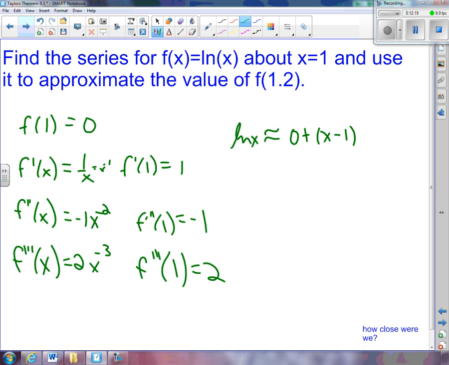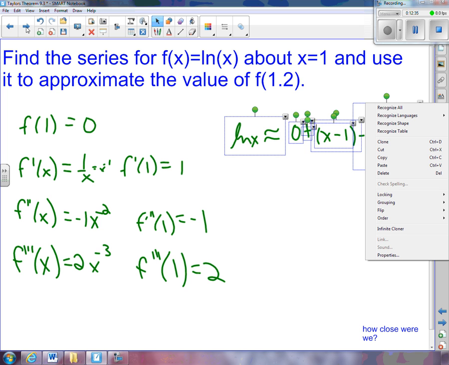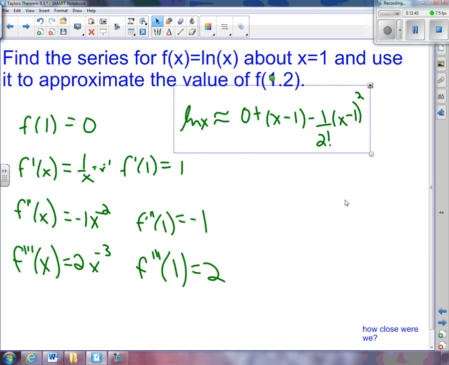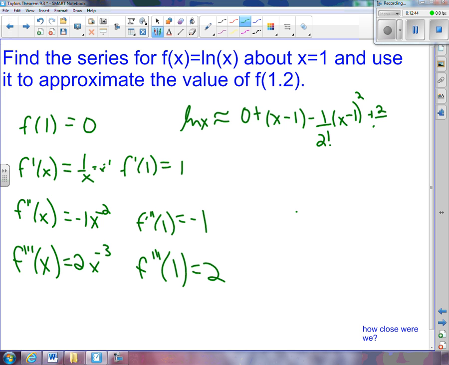The next one is negative 1 over 2 factorial times x minus 1 squared. And what's my last term? 2 over 3 factorial times x minus 1 cubed.